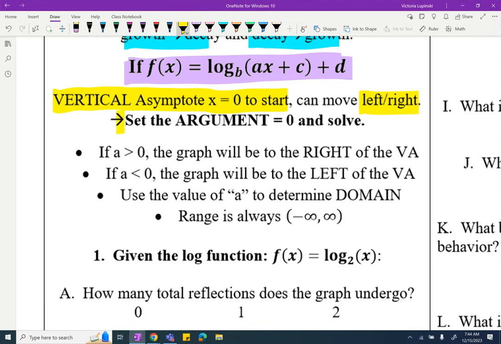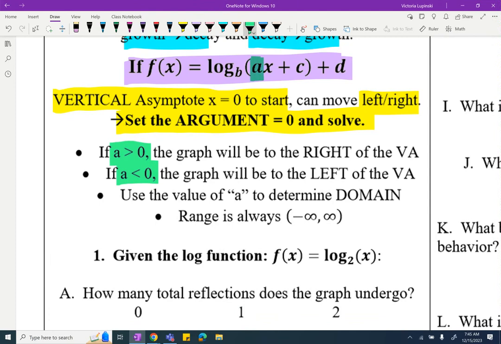If you want to give yourself 100% chance of getting the right answer, you set the argument equal to 0 and you solve for x. That will always tell you the location of the vertical asymptote. In order to figure out whether the graph is going to be to the left or to the right of the vertical asymptote, in a similar way that we figured out whether exponentials were above or below the horizontal asymptote, you have to look at the value of a.